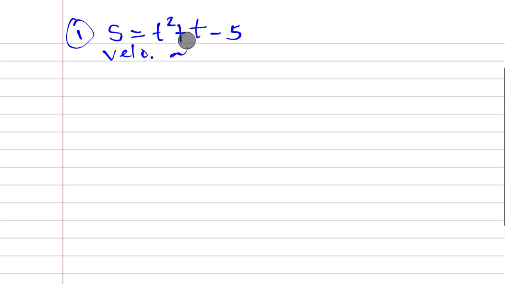All right, so let me give you an assignment. Find the velocity and acceleration if s equals t squared plus t minus 5. Find the velocity at t, and also acceleration at t.